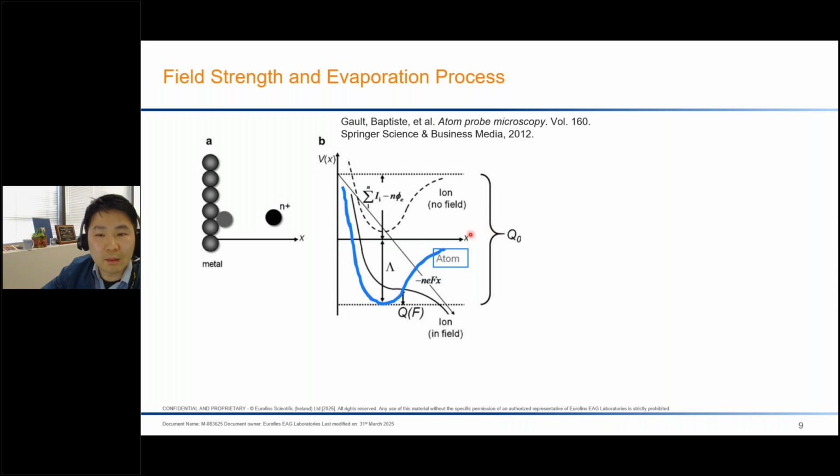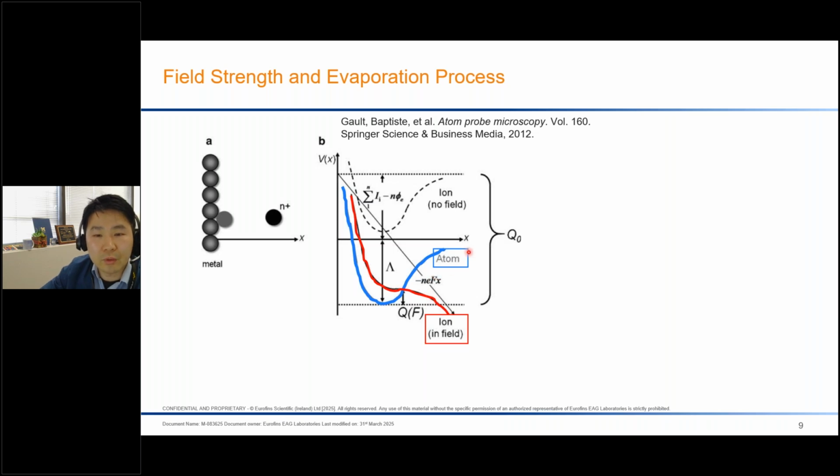Without the presence of a field, it requires energy Q0 to remove atoms from the specimen. And in the ionic state, the energy barrier will be further reduced under the application of a positive field. The energy will be greatly reduced, and the diagram will be pushed downward, reducing the energy barrier to a much smaller value of QF.